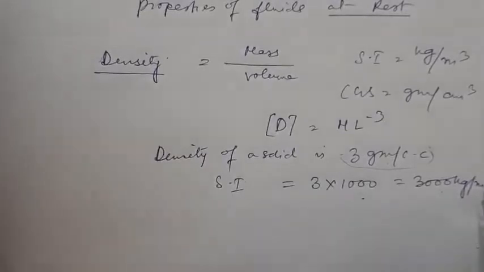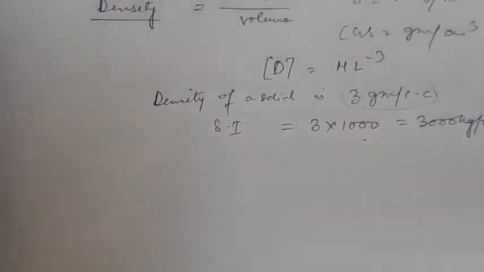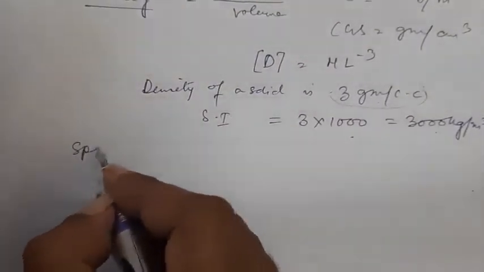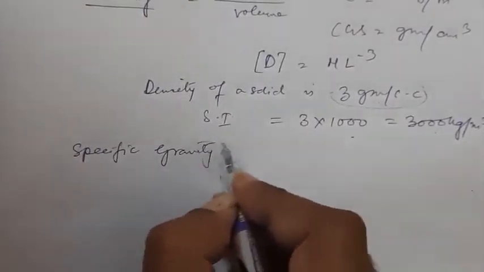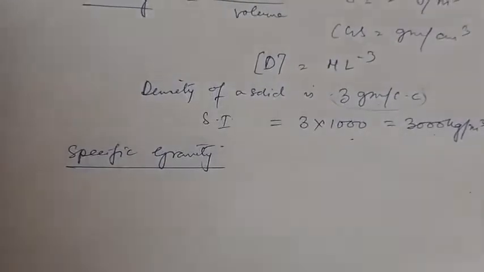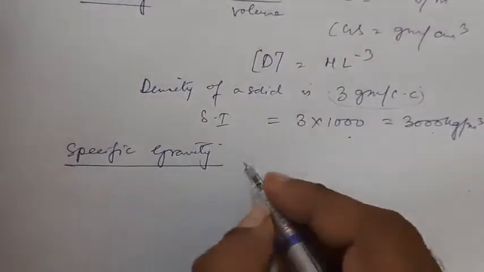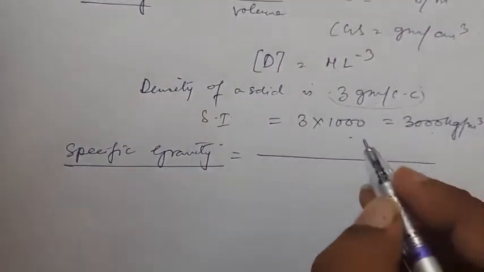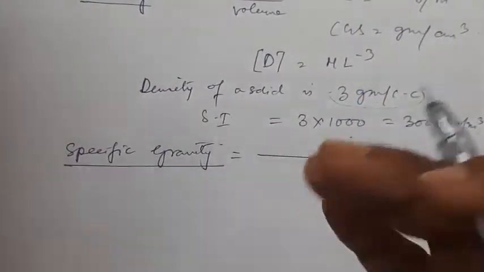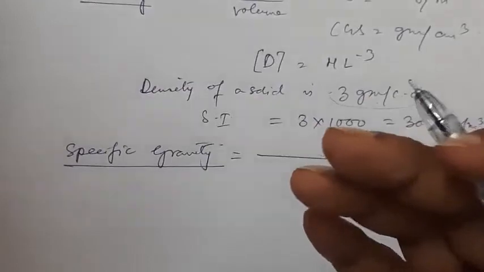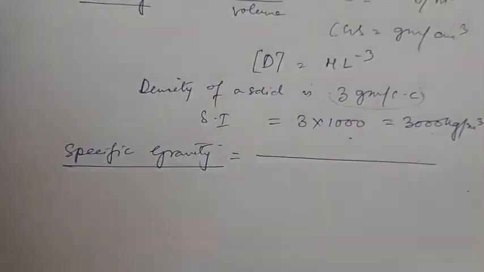Now another term is specific gravity. The term specific gravity means the density of a substance with respect to another substance. It is a type of ratio.